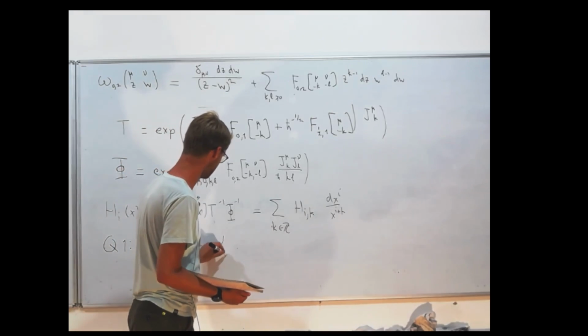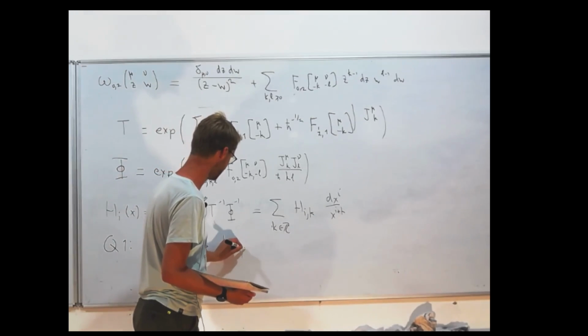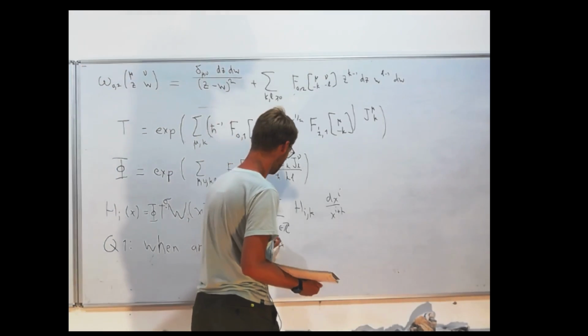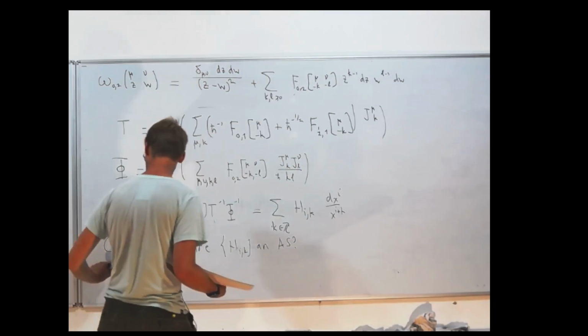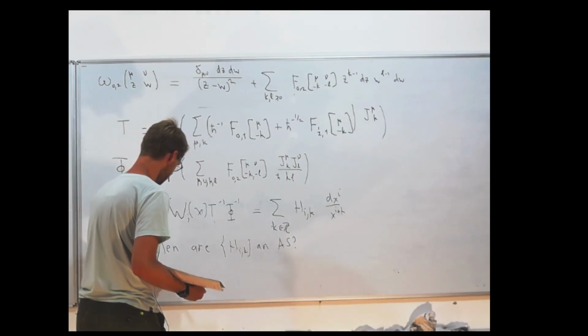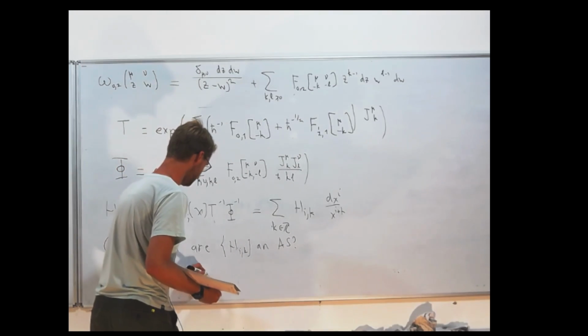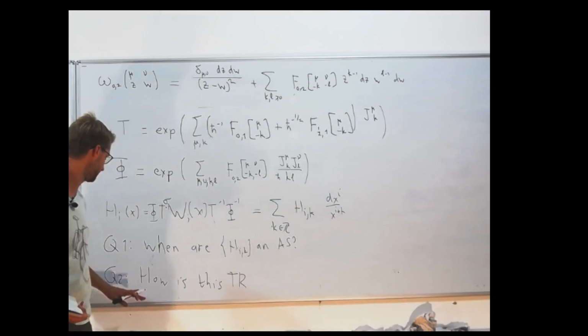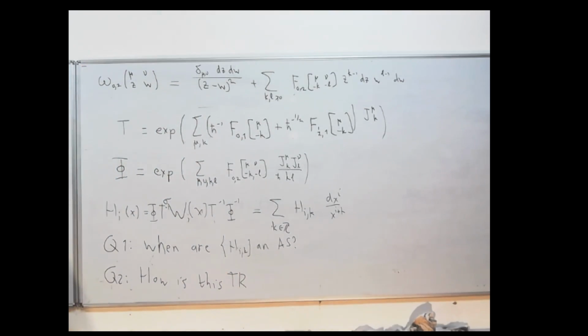Question one: when are the H_i's an Airy structure? And question two, how is this TR? I'm going to answer the second question first, and then hopefully have some time left for the first question. I think I will.